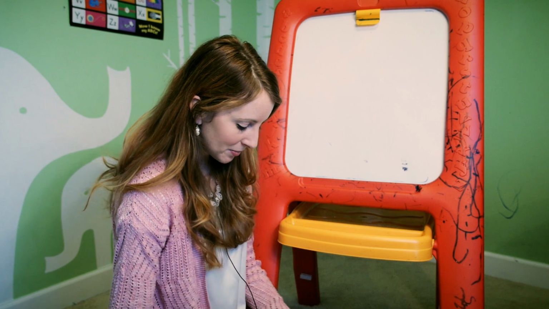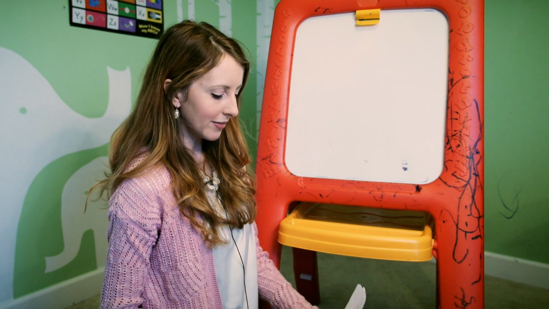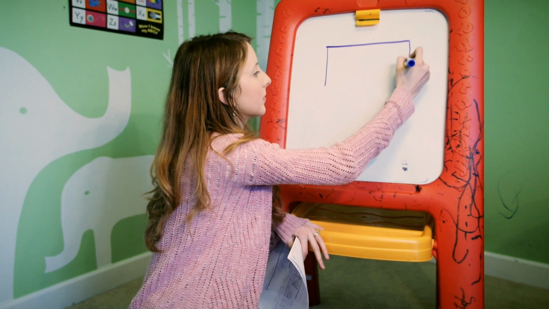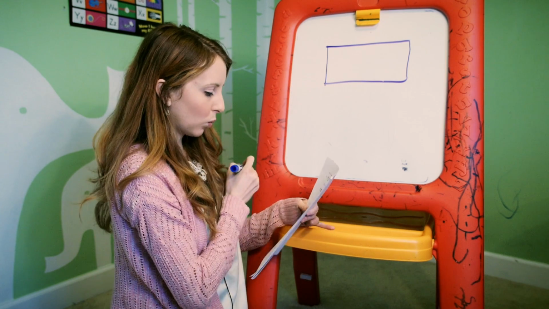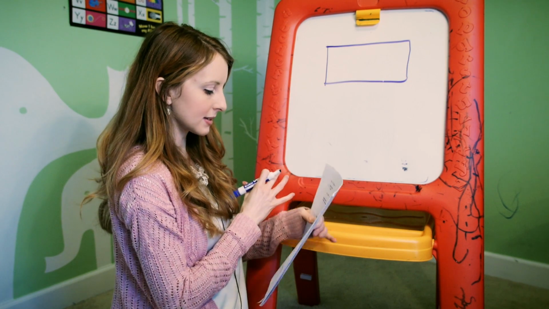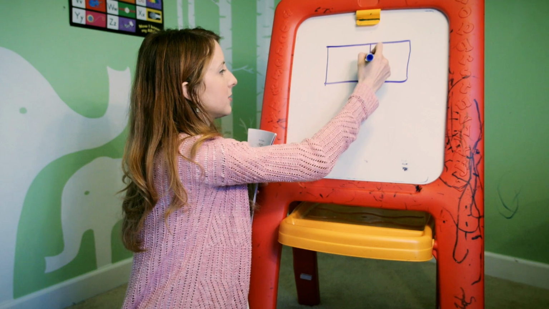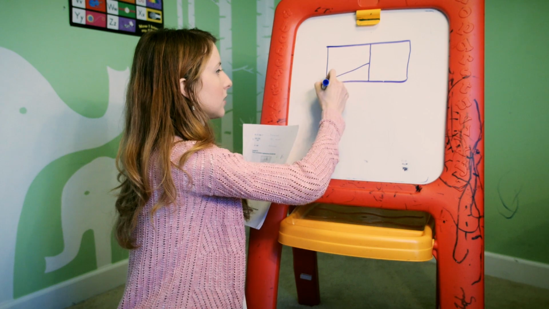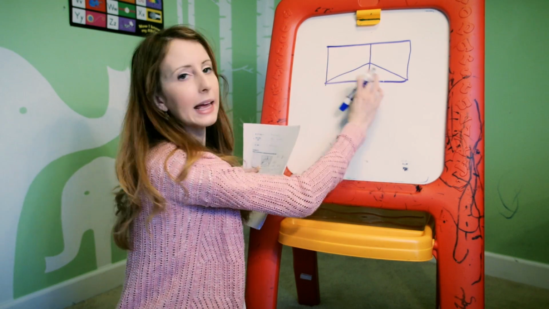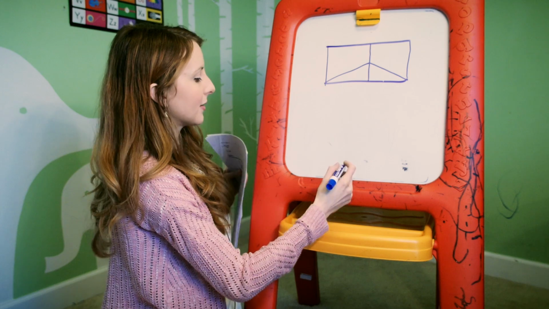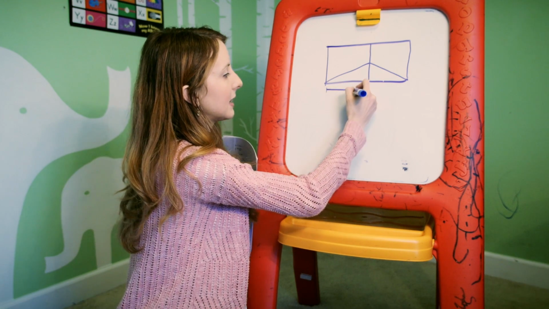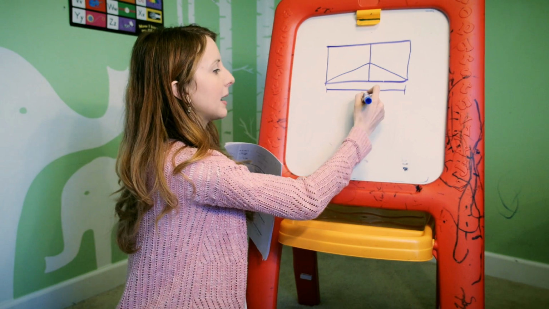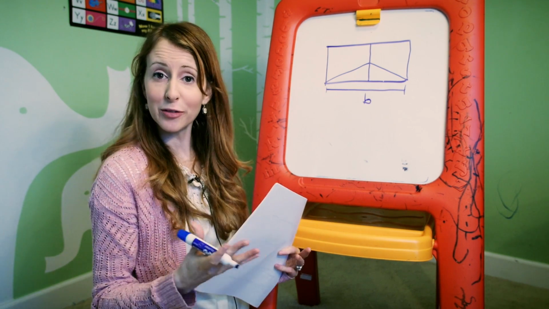Okay, moving on. Here you have a little bit of a diagram, with a rectangular piece, and you've divided it into kind of a triangular bottom. And then we have some different lengths designated for us. The length of this bottom base is represented just by B, obviously B for base.